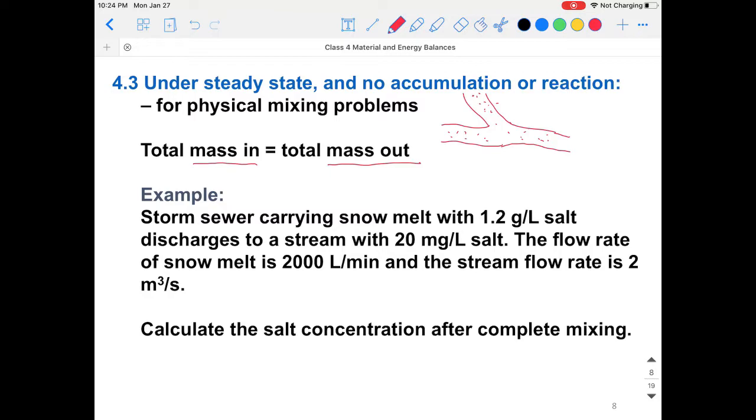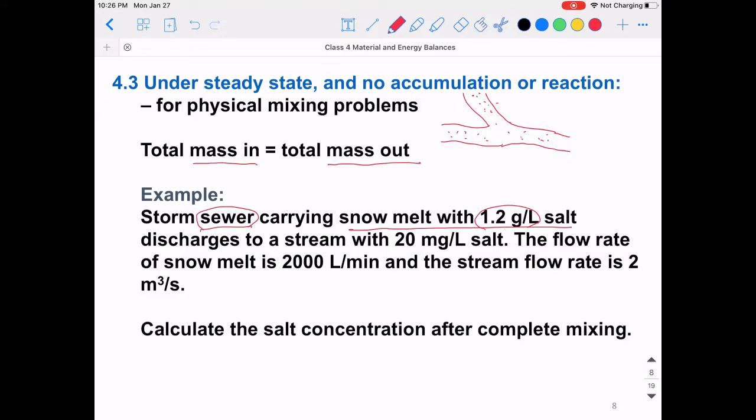Here's another simple example. Let's say we have a storm sewer, and this sewer carries snowmelt with a salt concentration of 1.2 grams per liter. Typically the salt concentration within these sewer systems is going to be higher compared to the streams, because a storm sewer basically collects the runoff in residential or industrial areas.